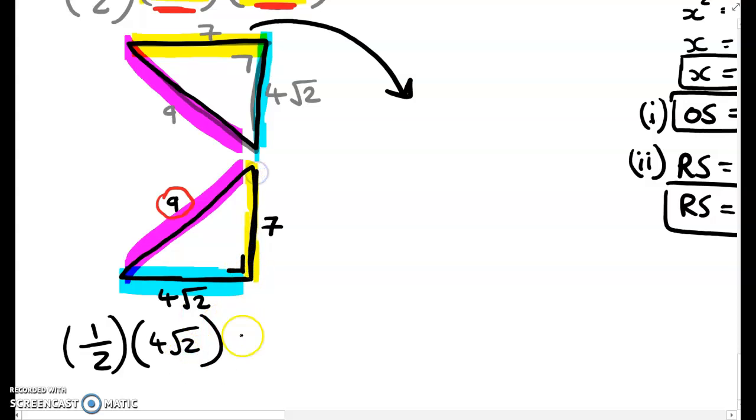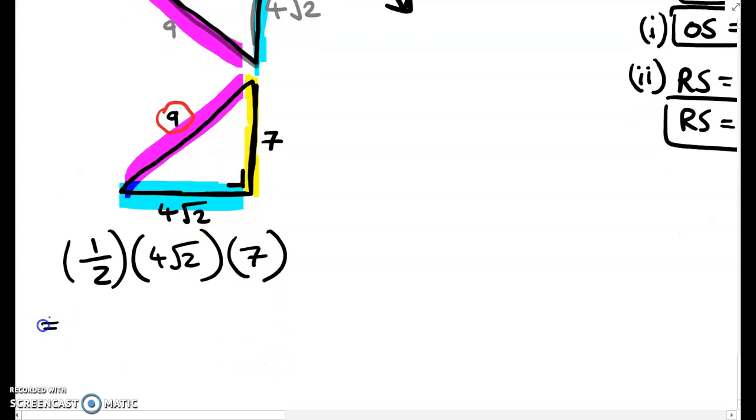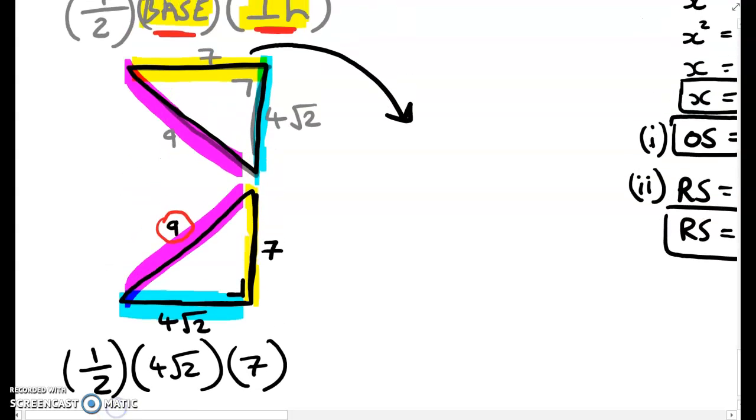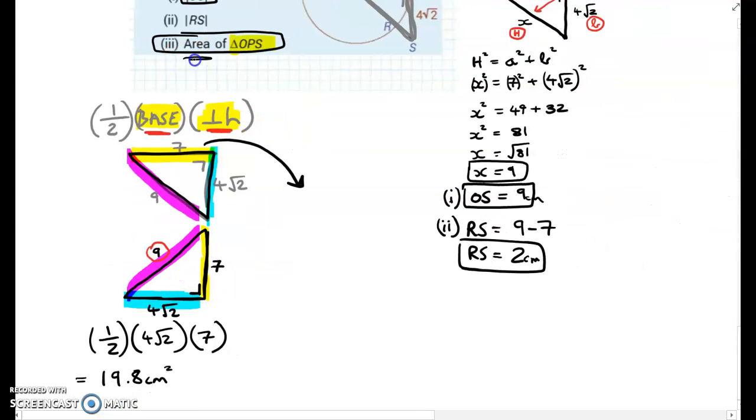That's 7. When you type that into the calculator, you get 19.8 centimeters squared, because of course they're looking for area. And if you're ever asked for area, you must remember to square the units at the end. Okay, I think that's what it is on the calculator anyway.